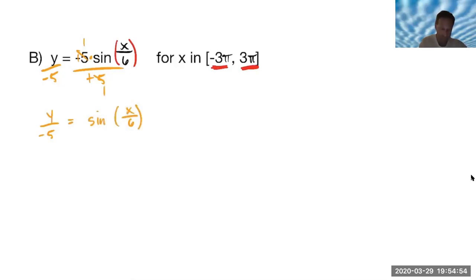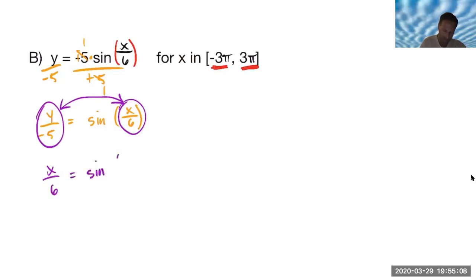So what I need to do next is take the input and the output and reverse their order. And in order to do that, if I want to put the x over 6 here and keep the sign as is with the y over negative 5, I need to make sure that I tell them how I know I'm able to do that. If I'm going to reverse the order, I got to let them know that this x over 6, which was my angle before, y over negative 5 is not my angle.